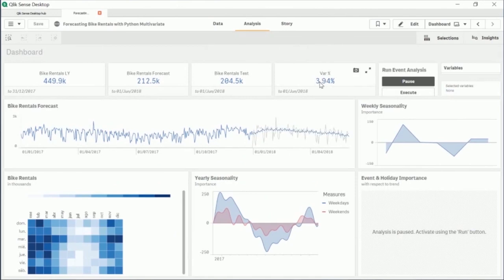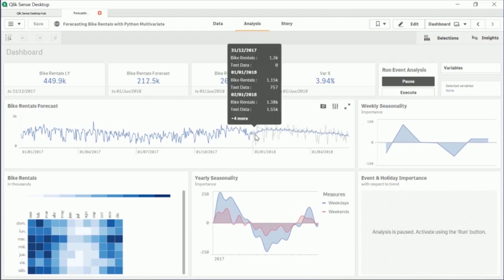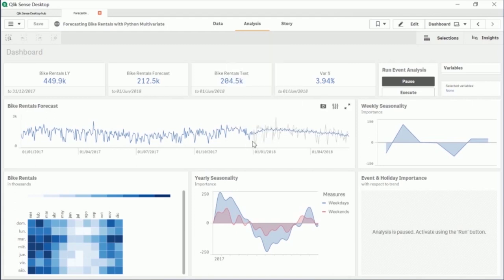Also we have the variance, and this indicates how far our forecast is from the real data. So this is our first try to make the predictions for the next month.